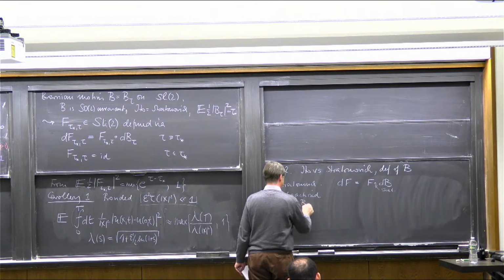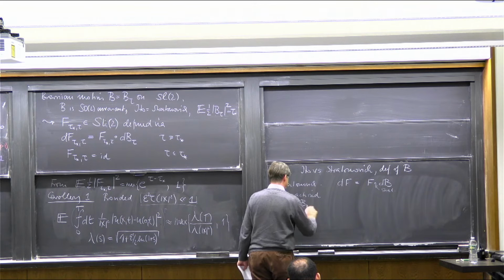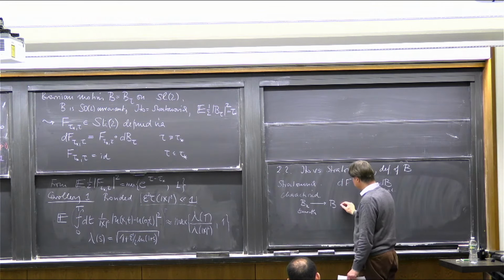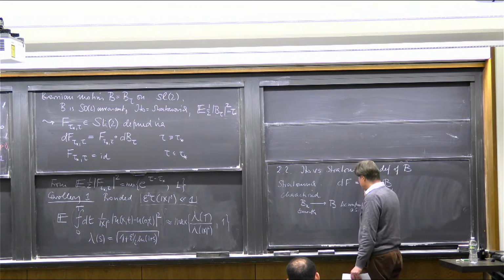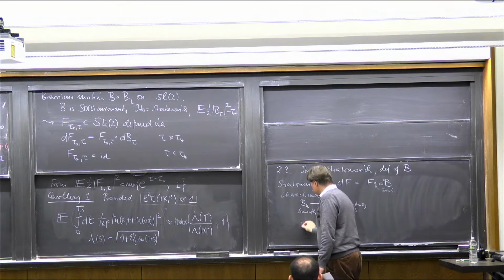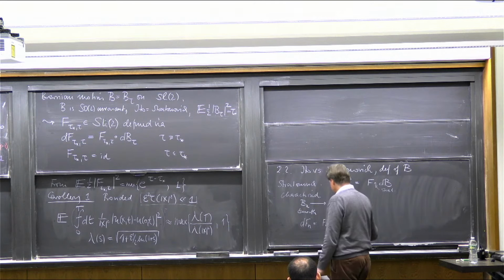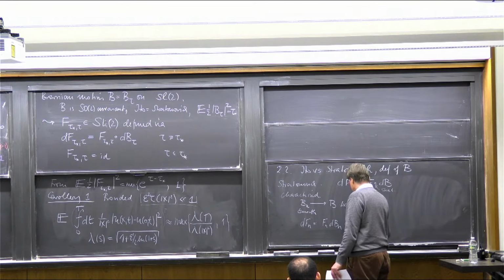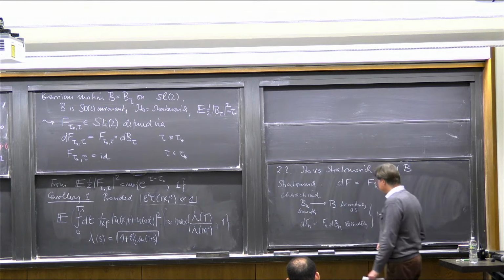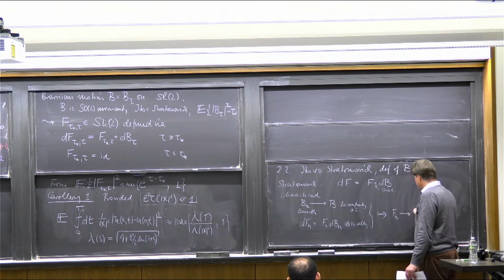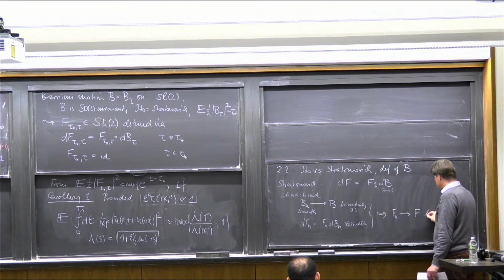Meaning that if you have a sequence of random paths which are smooth and which converge to our Brownian motion locally uniformly and almost surely, and you're solving this equation dfn = fn dbn classically, then you're guaranteed, provided you take the right initial conditions, that fn converges to f in the same topology.